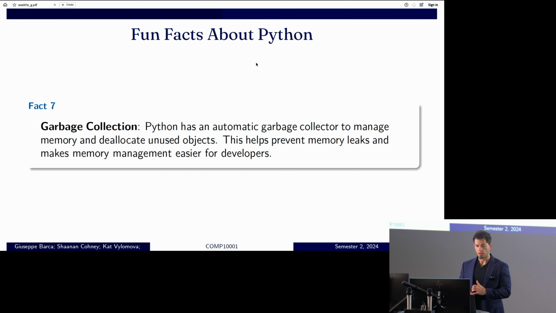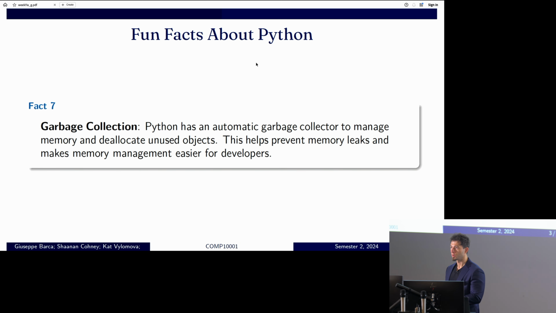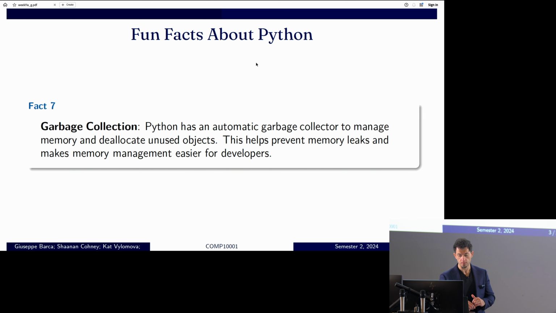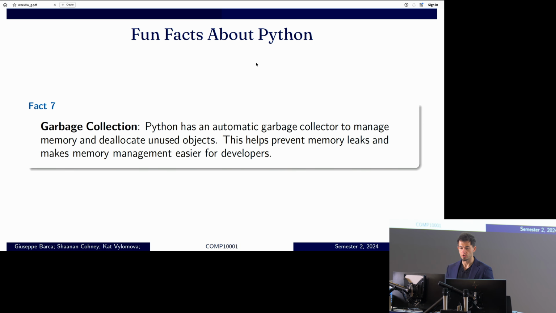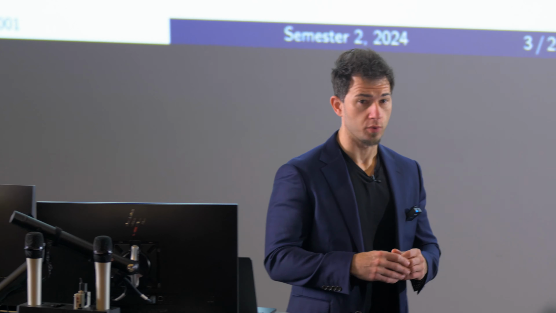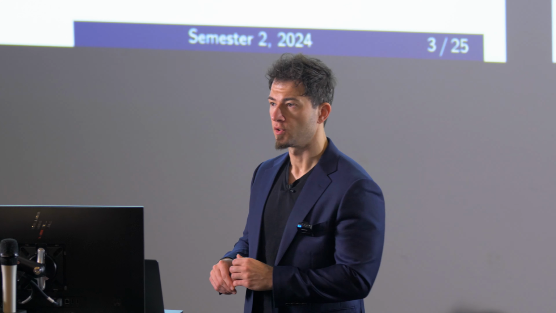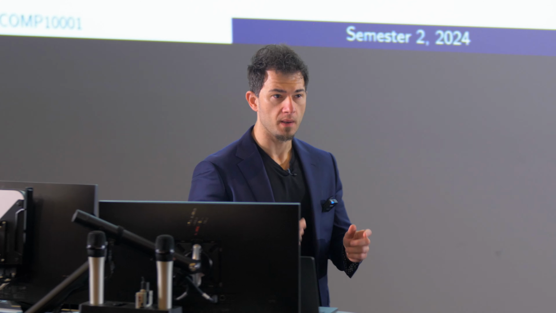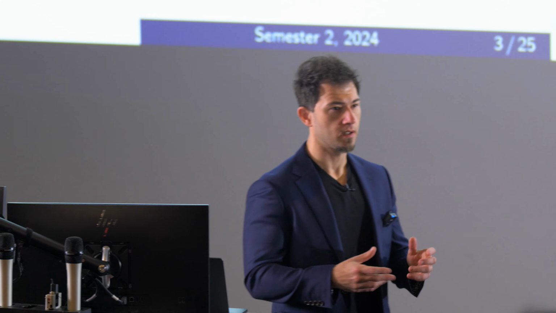As usual, one fun fact about Python, because we have a short lecture today. Python has what's called the garbage collector. This is a program within the program, if you want, of the runtime of Python that manages memory allocation and deallocation.